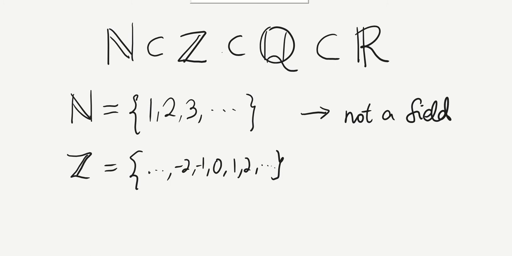For example, 1 divided by 2 is not inside this set. So this is almost a field, it's just not closed under division. So it's not a field, but it's very close to being one. And for sets like these, there's actually another name for it, it's called a ring. Basically a set that is closed under addition, subtraction, and multiplication, except division.